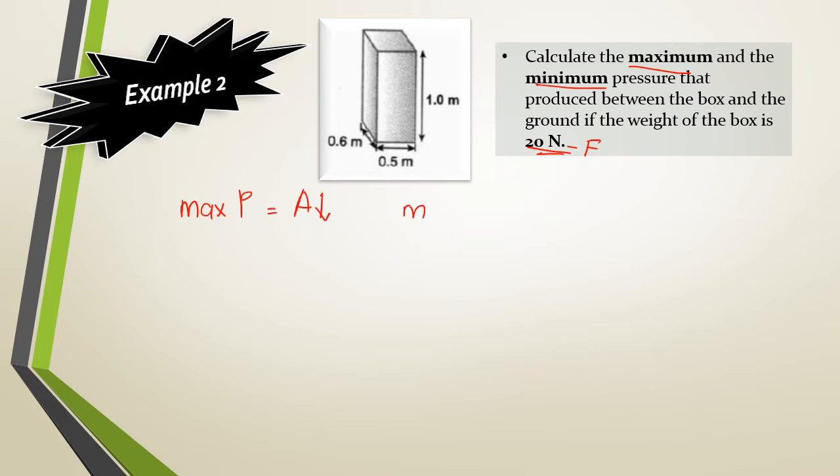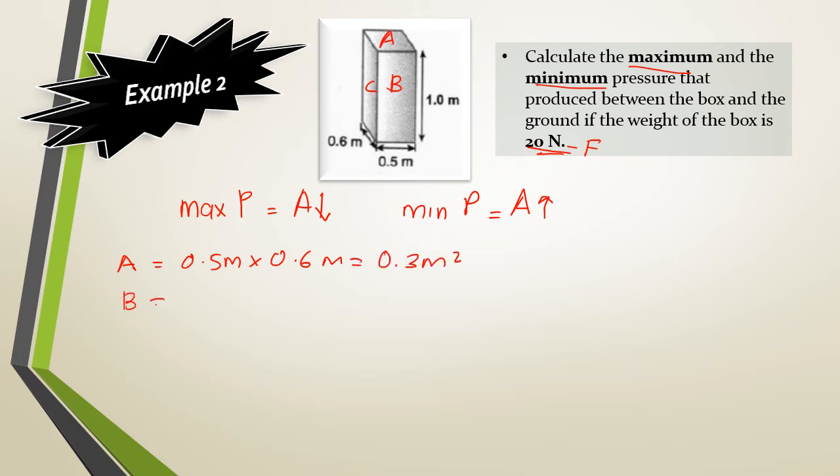But for minimum pressure, kita kena ada surface area yang besar. Okay, so kita tengok kat sini ada 3 section A, B dan C. Okay, untuk A kita kira. Okay, kita akan cari yang mana paling kecil, yang mana paling besar. Untuk A, 0.5 meter times by 0.6 meter, kita akan dapat 0.3 meter square.